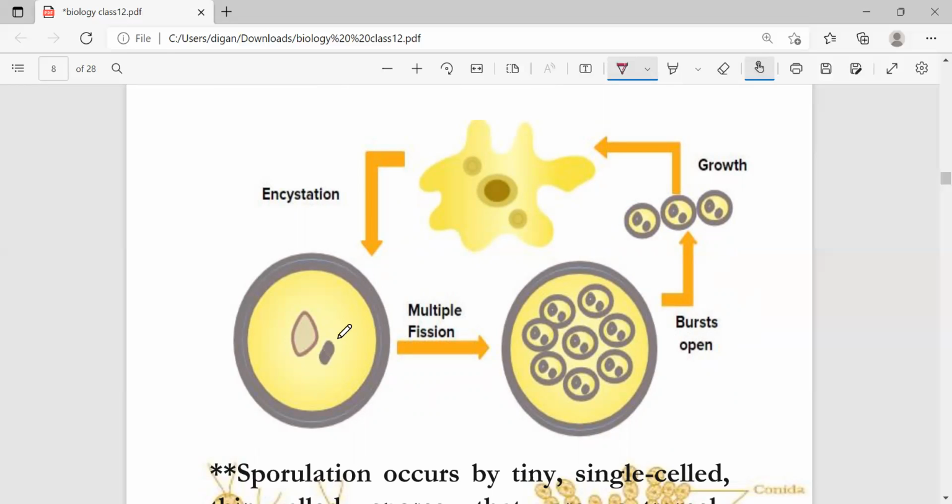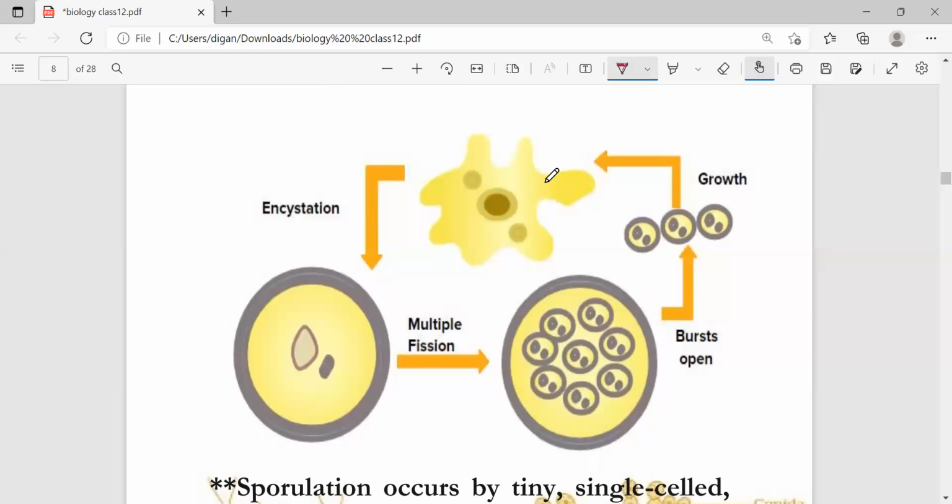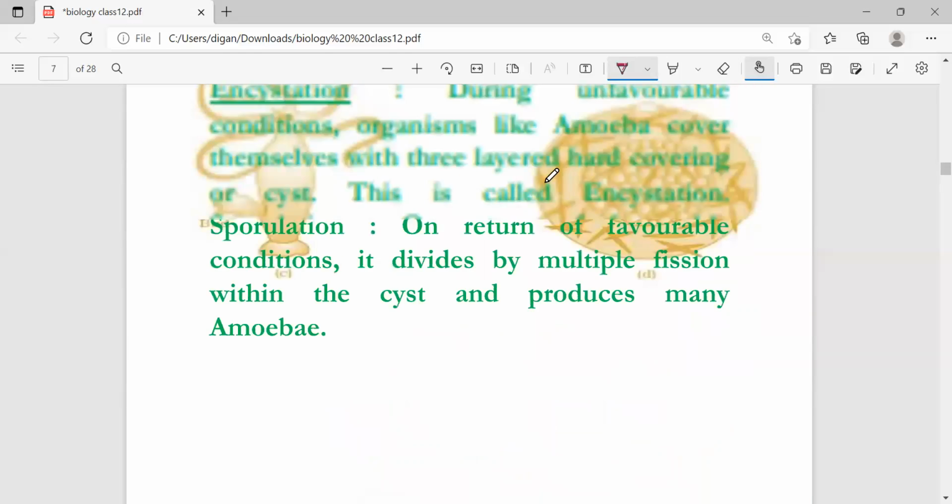And within the hard coating, their nucleus divides and their cell divides multiple times and finally forms multiple offspring. And when the favorable condition comes, this hard coating bursts and these multiple cells, means offspring, come out, and each will work as a new individual and grow into a mature amoeba. So this is the explanation of encystation.